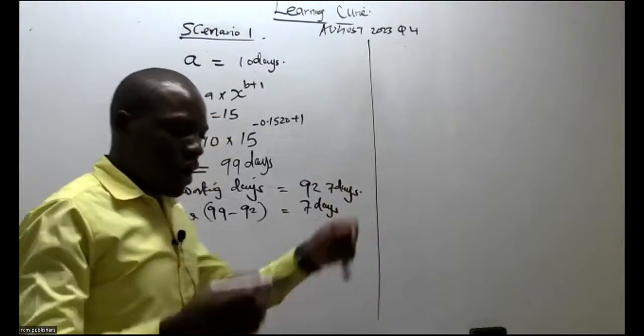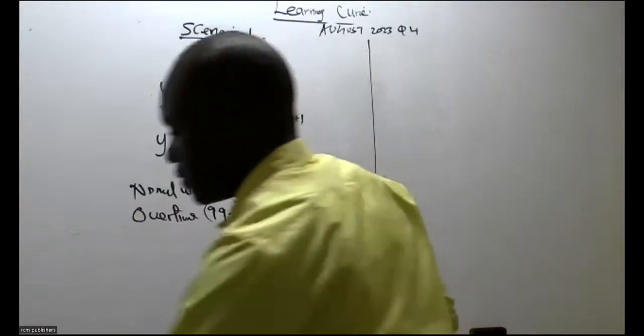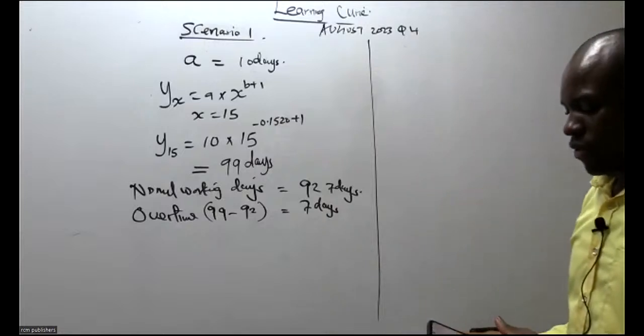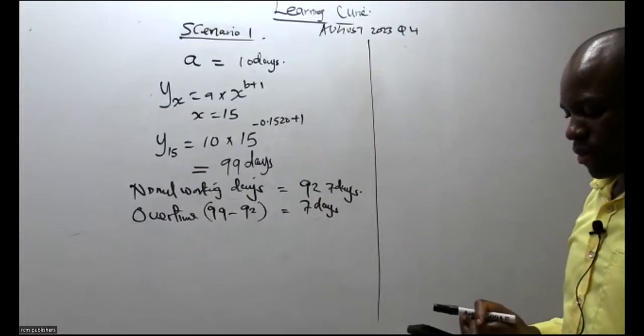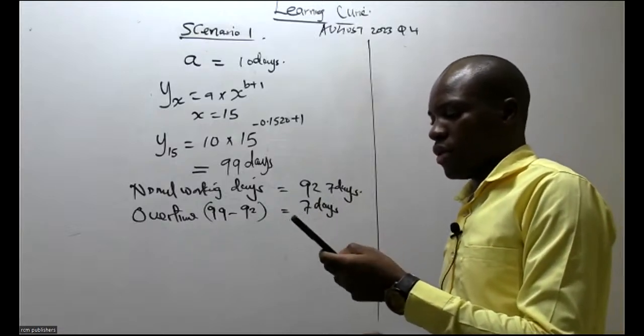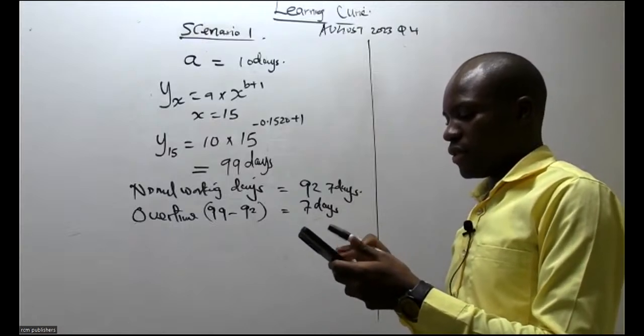They have decided to work overtime for them to deliver these buses. So let's look at the consequences. Let us look at the consequences of working overtime. One, let me get my question here first.